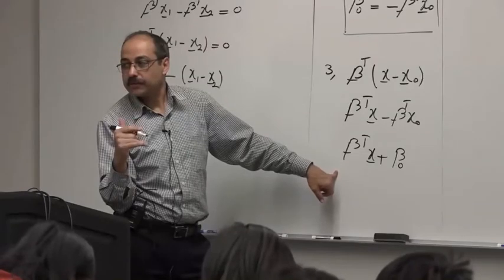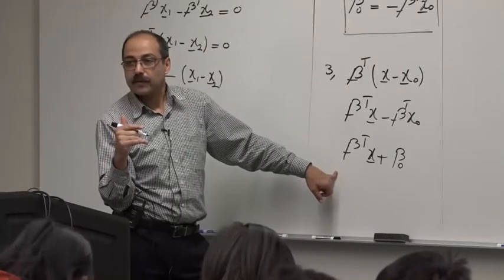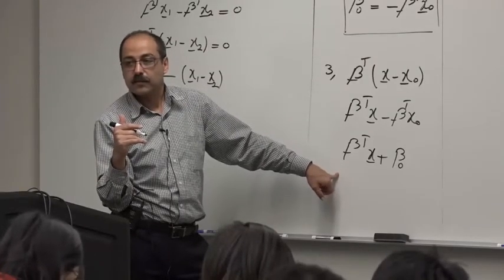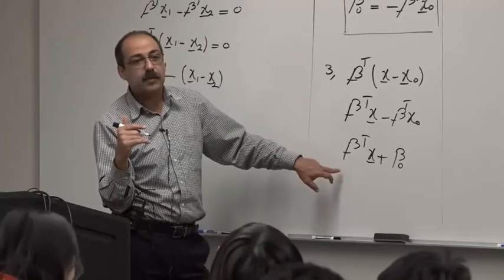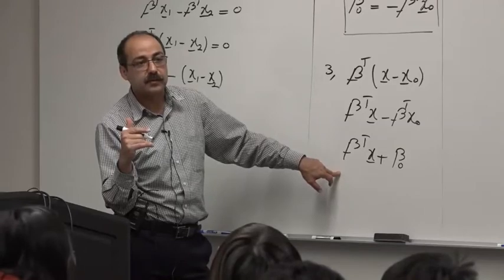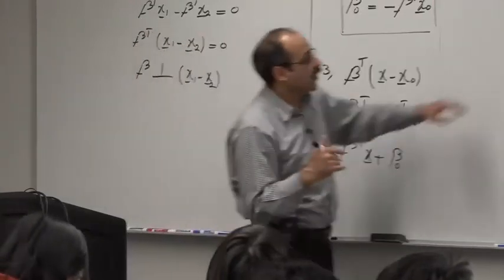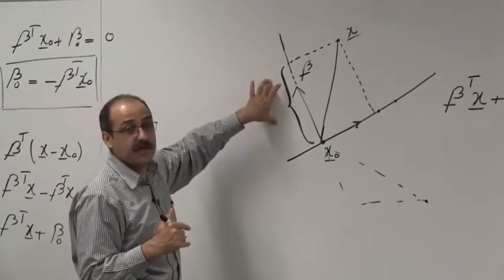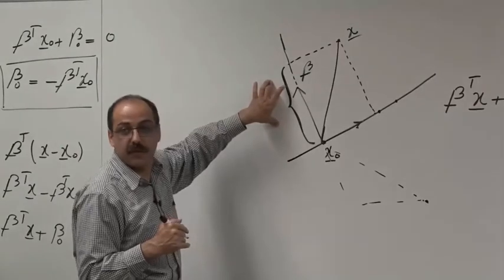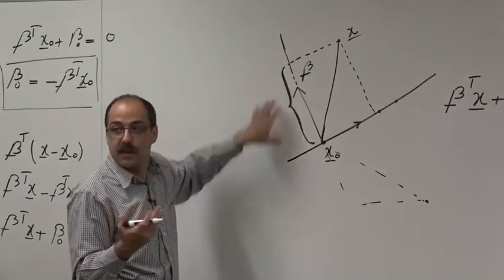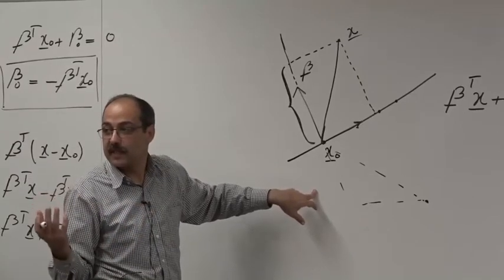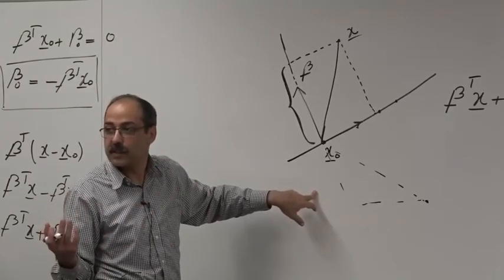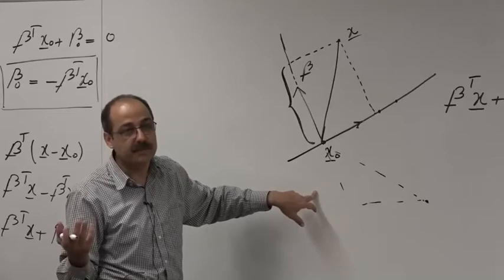What should I do? Class label. Sorry? Class label. Class label what? Multiply this by the class label. I can multiply this by the class label. Okay? So if I'm on this side, everything's supposed to be positive, so multiplying by a positive number is positive. I'm on this side, everything is negative, multiply by the class label, it becomes positive, right?